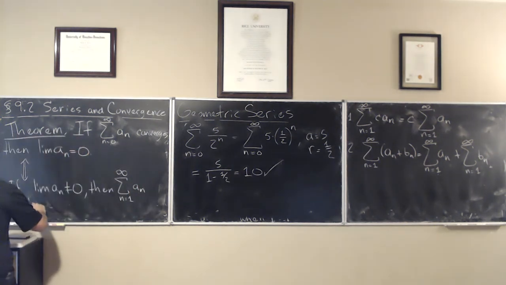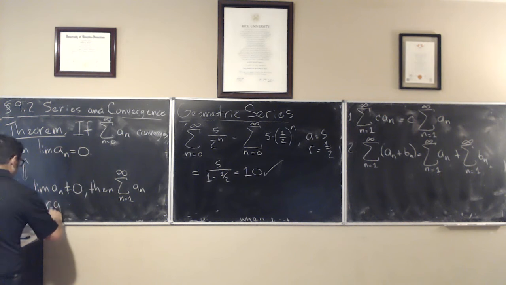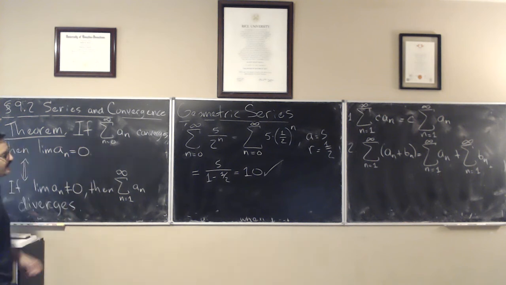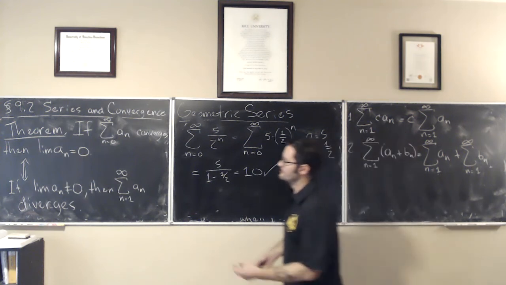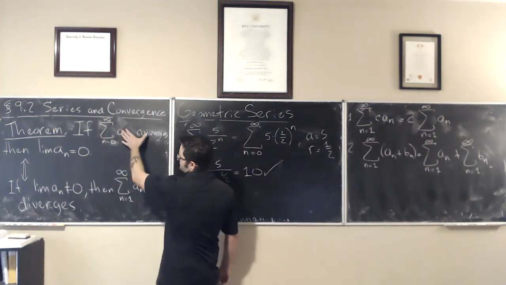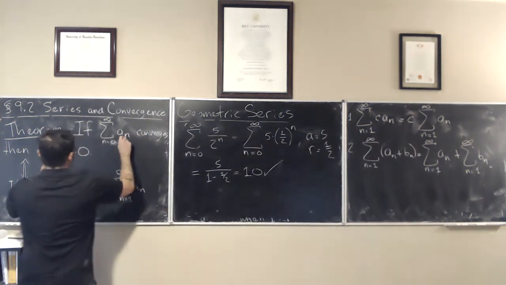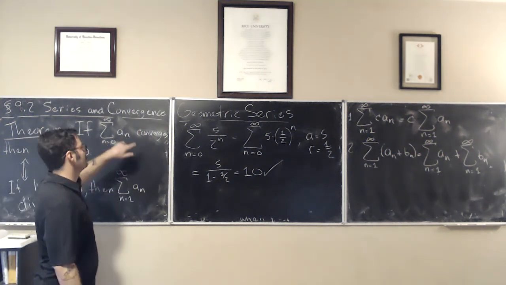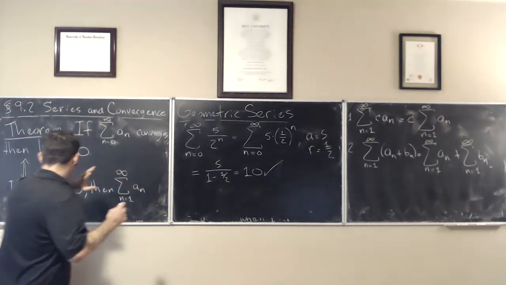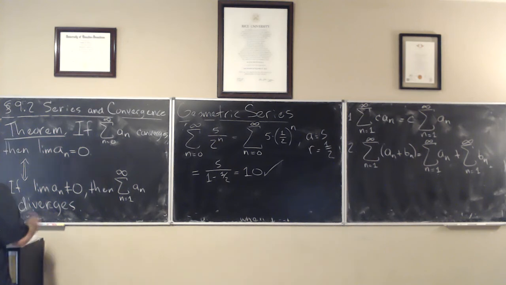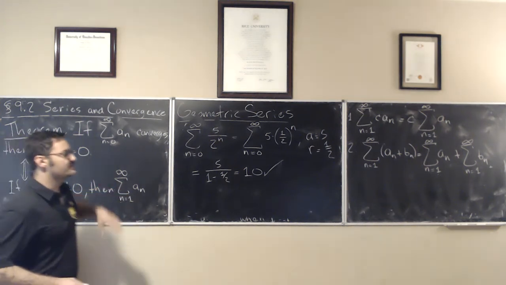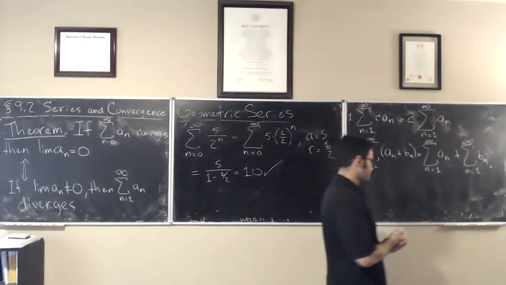Now that is important because we've been asking, does the series converge? What does it converge to? The theorem states that if the series converges, then we know something about the terms, not the partial sums. But what's more important is the contrapositive, which says that if the limit of the terms does not go to 0, then the series does not converge.